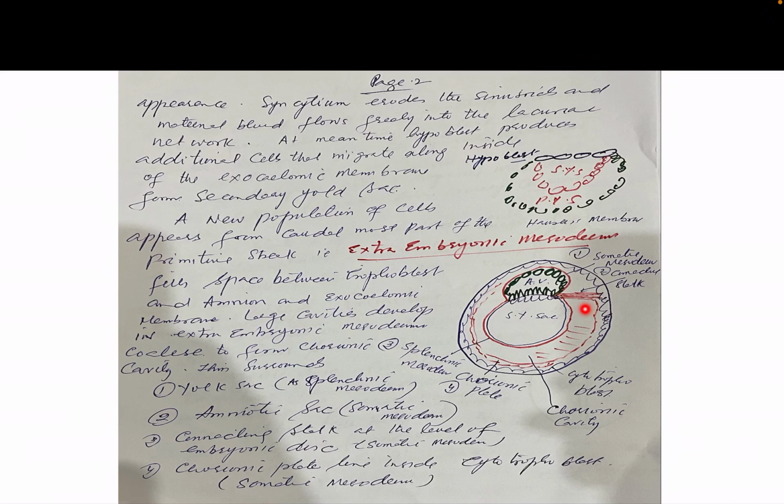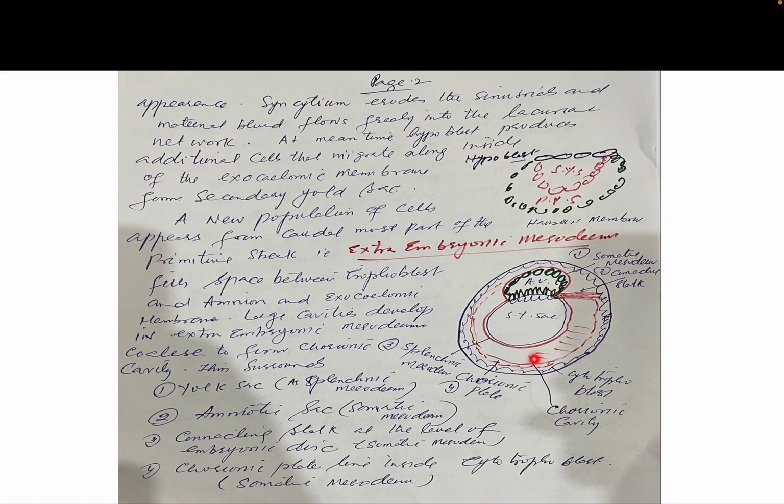Then spaces appear, and the four parts of the extraembryonic mesoderm are left behind, leaving this space empty again. The parts left are the chorionic plate, splanchnic mesoderm, somatic mesoderm, and the connecting stalk, which makes the link between the chorionic plate and the embryonic disc.